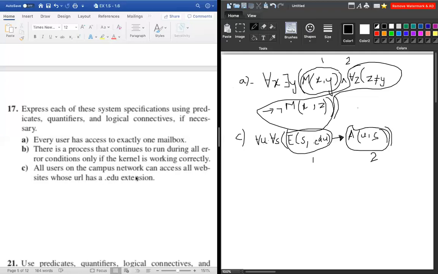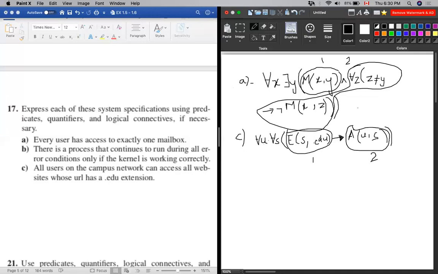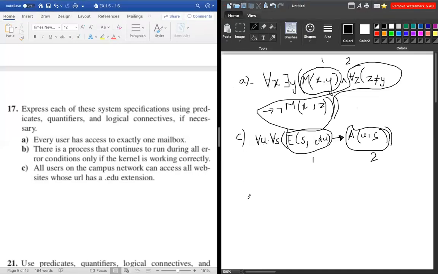Something has to be true, then something else can happen. The website has to have a .edu extension, then only the students will be able to access. Yeah, makes sense. Make sense? Yep. Okay.